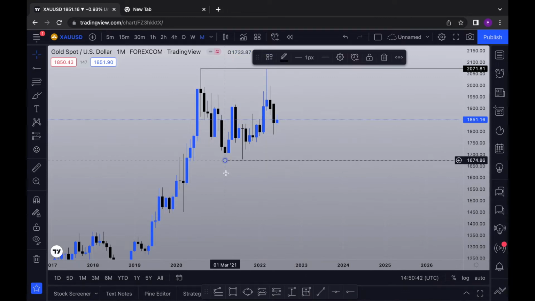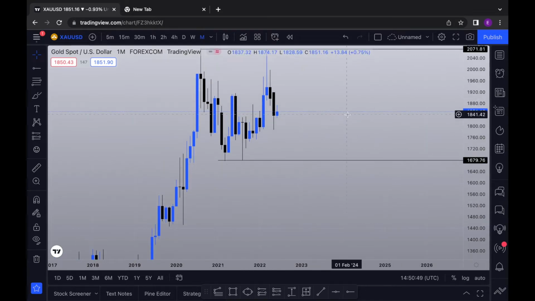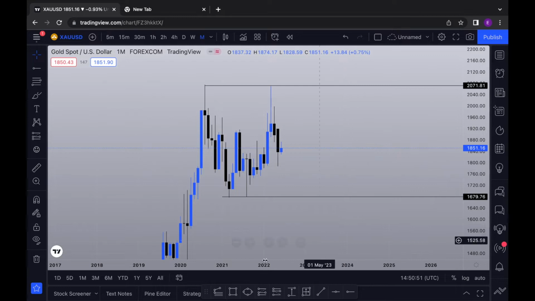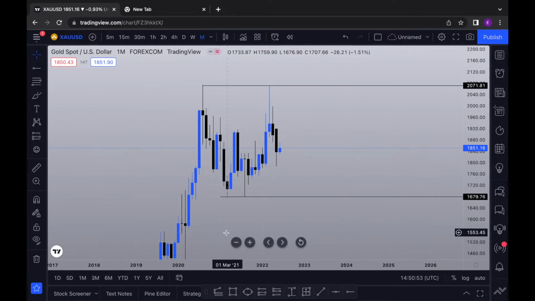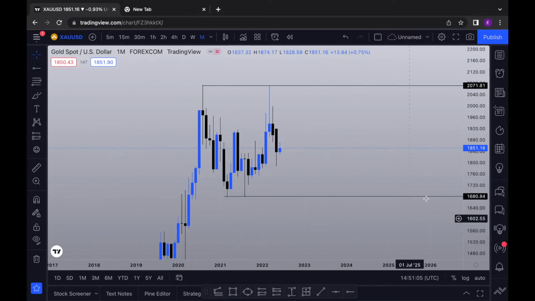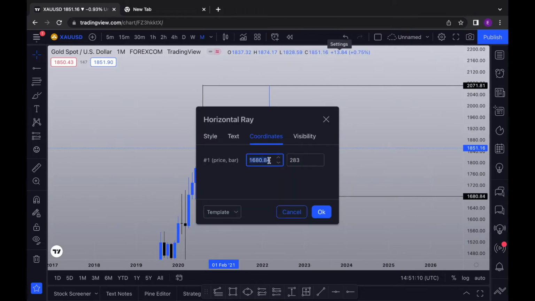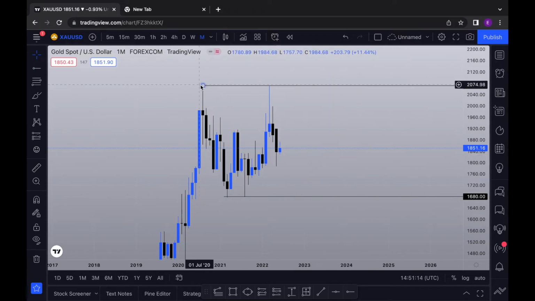I could see another level here. Gold has touched 1679 at another psychological level. 1679, or I could make it a random number, 1680 here.